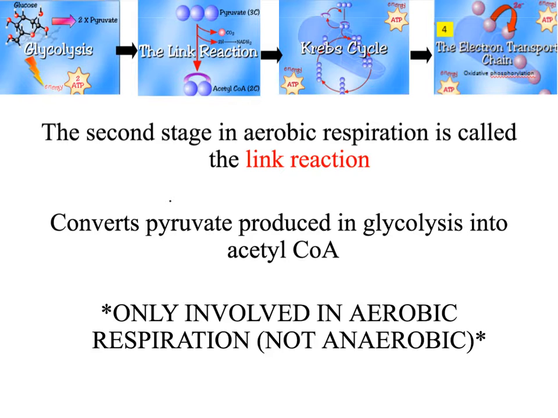So this second stage, the link reaction, its purpose is to convert the 3-carbon pyruvate produced in glycolysis into acetyl coenzyme A, or acetyl-CoA. It's known as CoA as well. This is only in aerobic respiration, not anaerobic respiration.